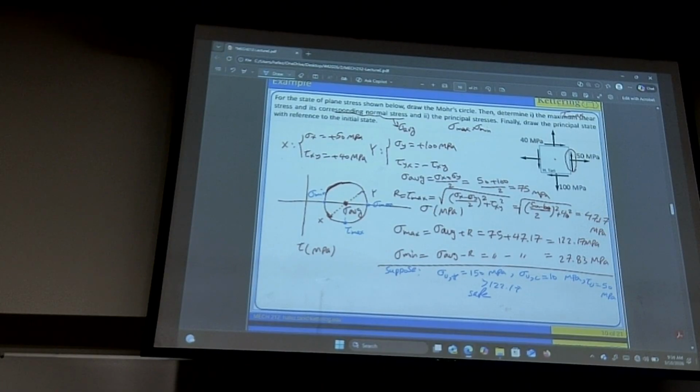Sigma UC, what does that mean? Compression. Do we have any compression there? Sigma min, is it negative? Oh, no, it's not. What's the max compression that you could see there? None. So it is safe or not? Safe. So this is greater than 0, so it is safe. So I'll look at the max positive, the max negative.